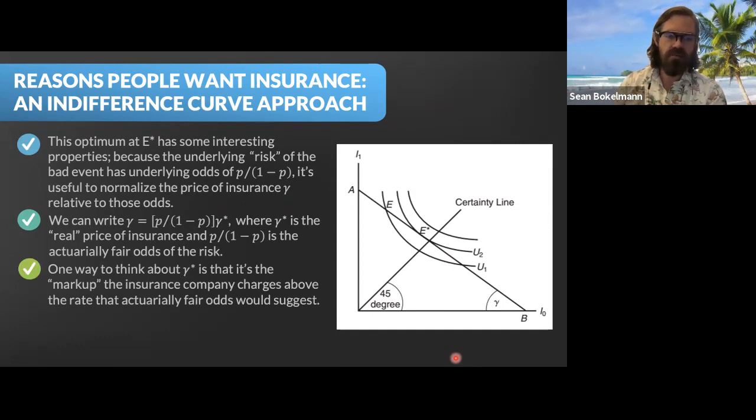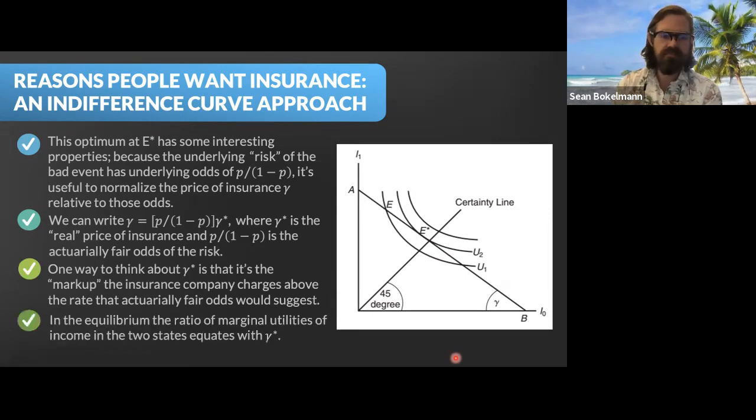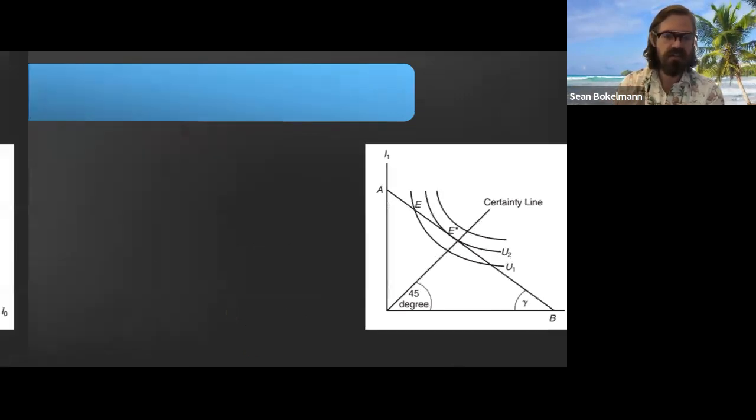So one way to think about what gamma star is that it's the markup that the insurance company charges above the rate that's actuarially fair. And when there's an equilibrium, the ratio of marginal utilities of income, which was the derivative I showed you earlier, let me go back to it real quick.